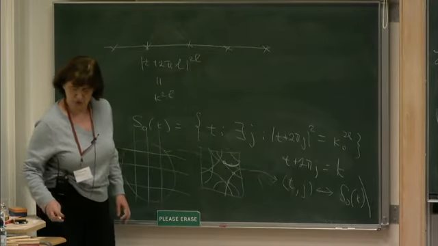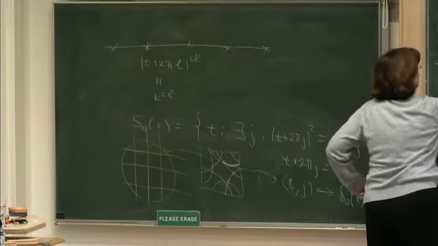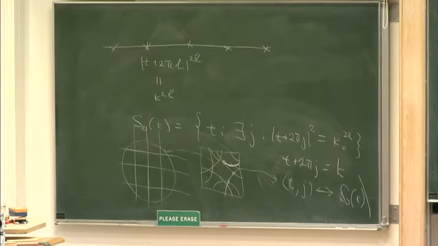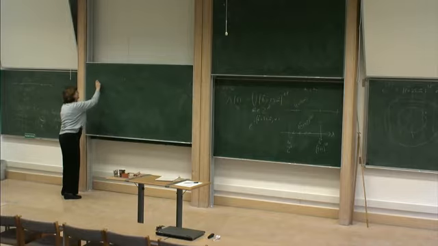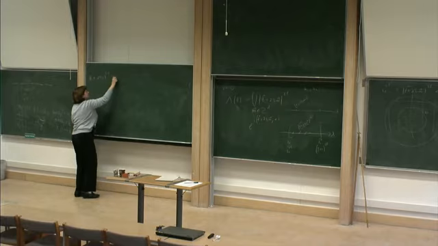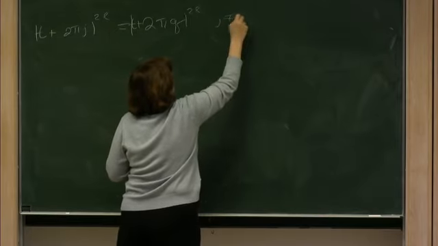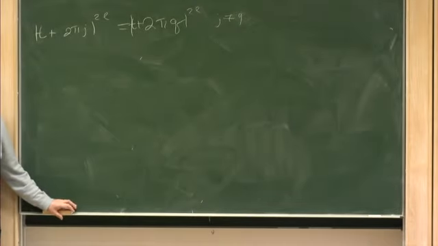Because it helps us to understand what the difficulties are in constructing perturbation theory. When we are at this self-intersection, then we have that (t plus 2 pi j) to 2L is equal to (t plus 2 pi q) to 2L, where j is not equal to q, because each piece corresponds to some fixed j or q.